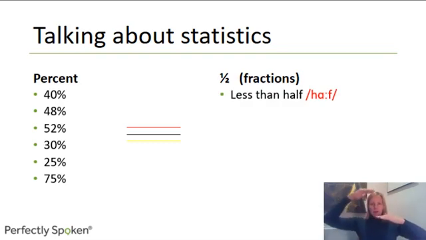So you've got all, 100%, half, less than half. Notice the pronunciation: we don't pronounce the L. It's a long A, so it's half. The two dots mean it's a long sound.